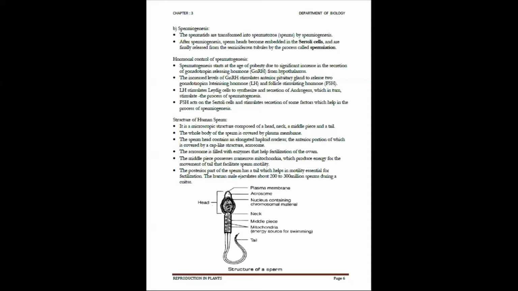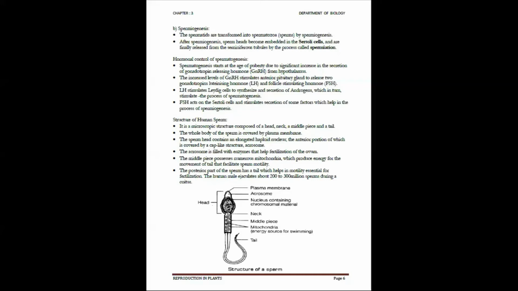Moving on to structure of human sperm, yes, the structure also will be asked for 3 marks. Even if they ask for 3 marks, just add a note of 1 or 2 points so that it will make up the complete 3 marks, and then make sure you label all the parts.